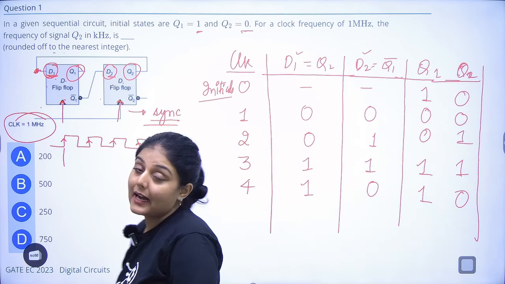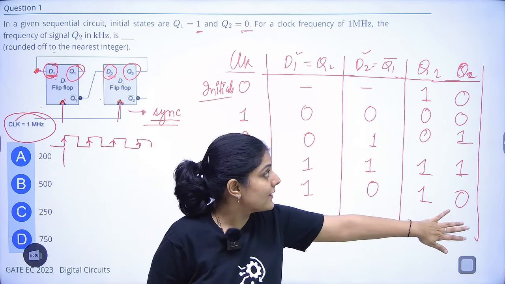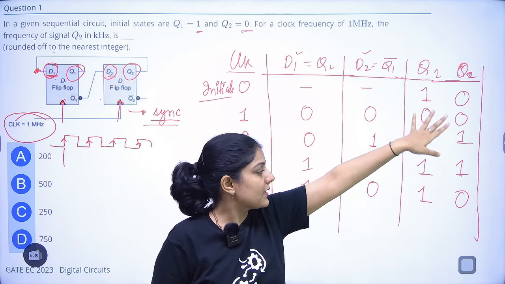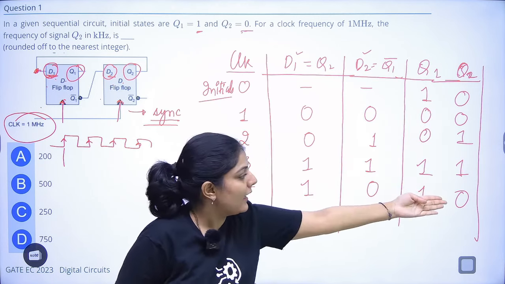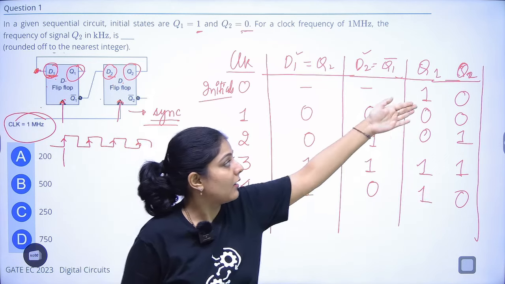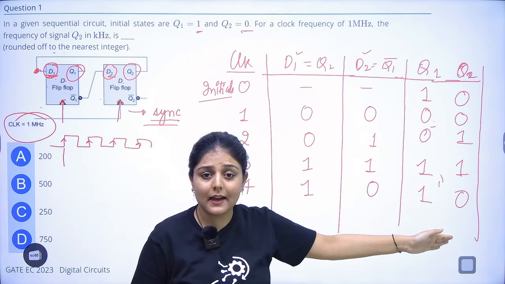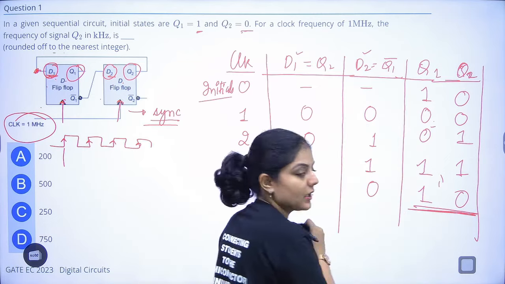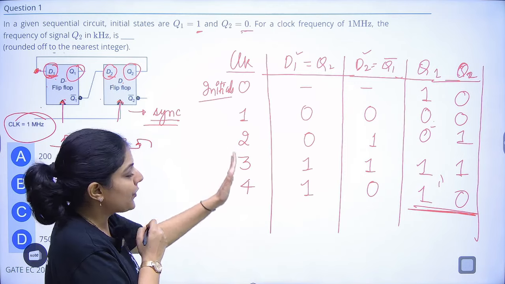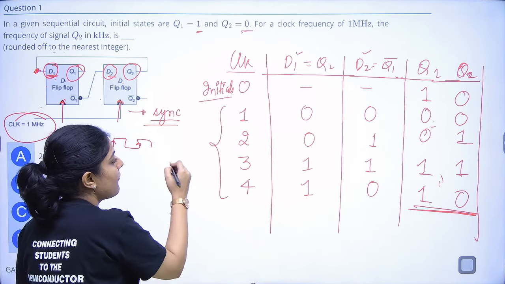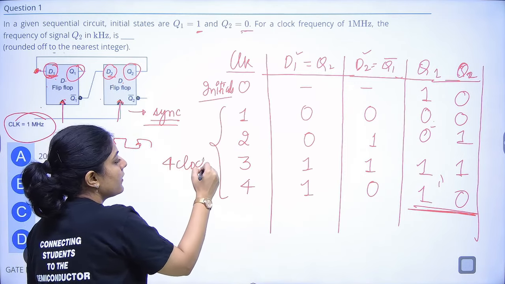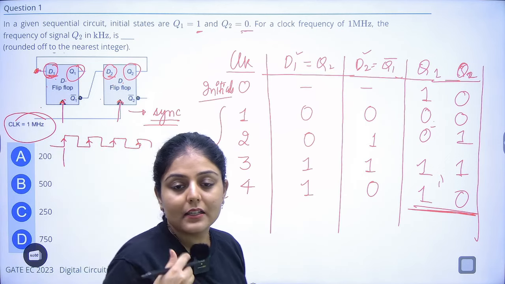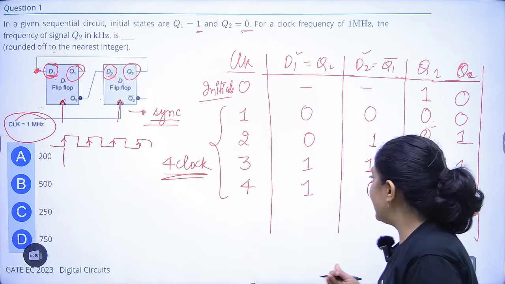It started from 1 and 0, and it's 1 and 0 again. If I move further, I will get the same result again and again. So at this point, the cycle stops. After 4 clock pulses, the output repeats itself, the same values repeat.